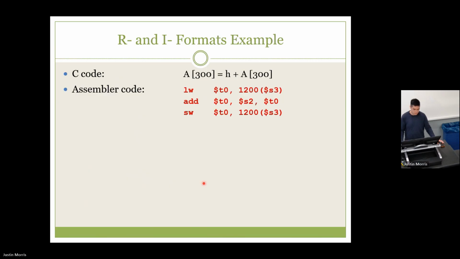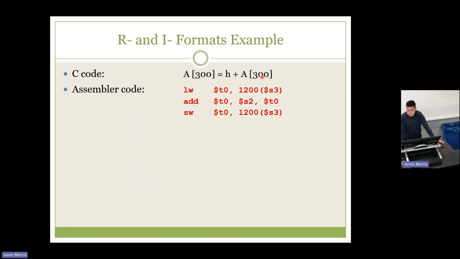So here's our example, and we've seen similar ones before. We want to add some variable to some data in memory. The first thing that we have to do is load word.